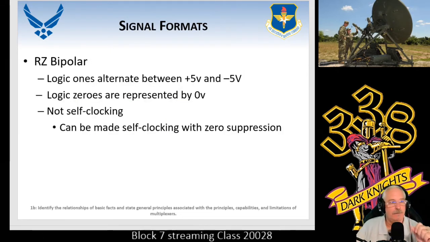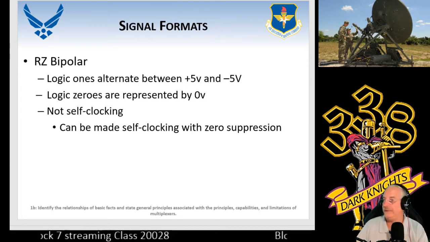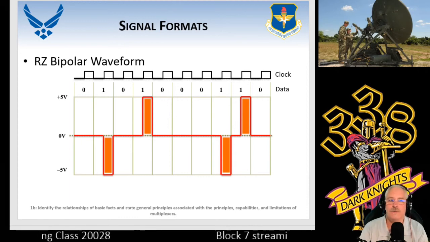We have bipolar. Now this one is going to work similar to the polar, except only on the ones. The ones are going to alternate between a +5 and a -5. Zeros are going to be 0. It is not self-clocking. We'll talk about the zero suppression here in just a minute. So this is the namesake, bipolar.